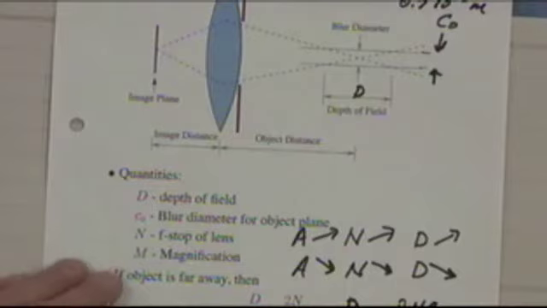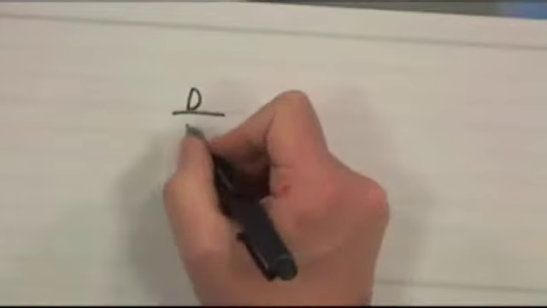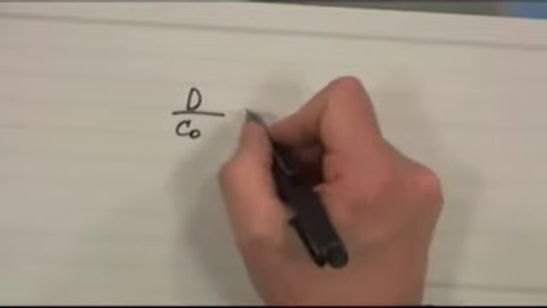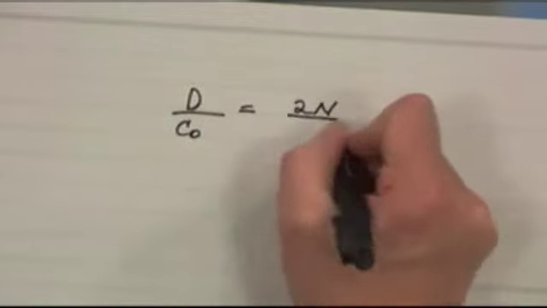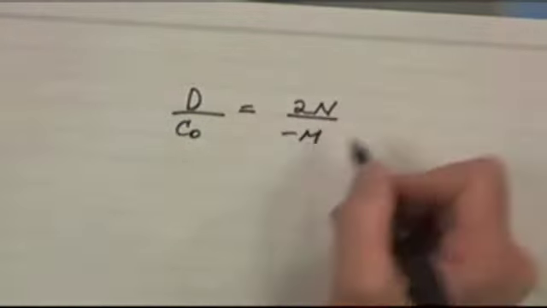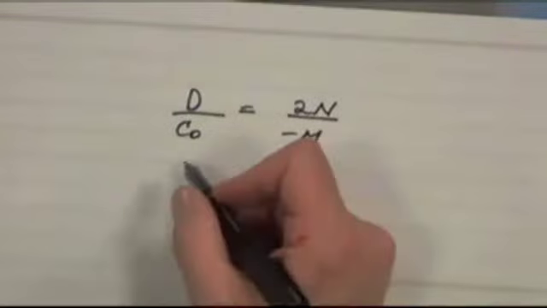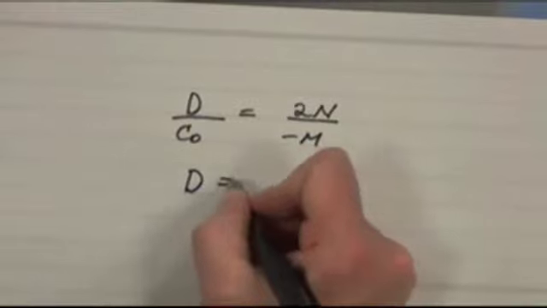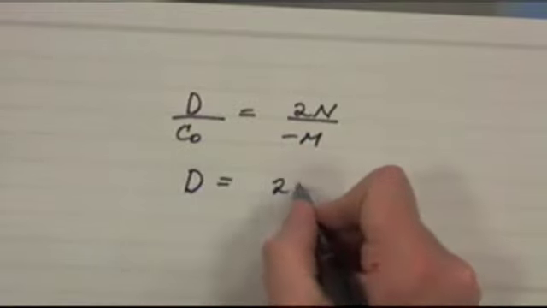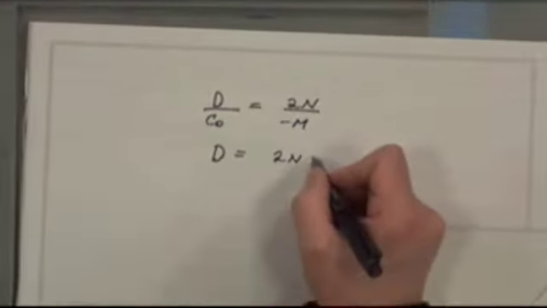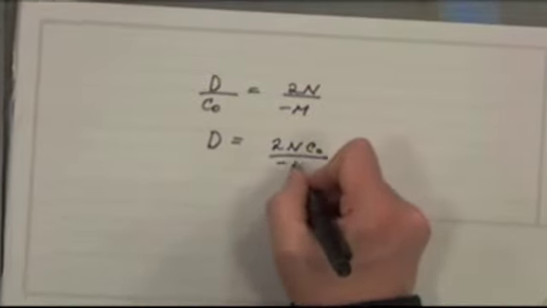So the relationship is that d over c0 is equal to 2N over minus M. What it means is that the depth of field is equal to 2N times c0 over minus M.